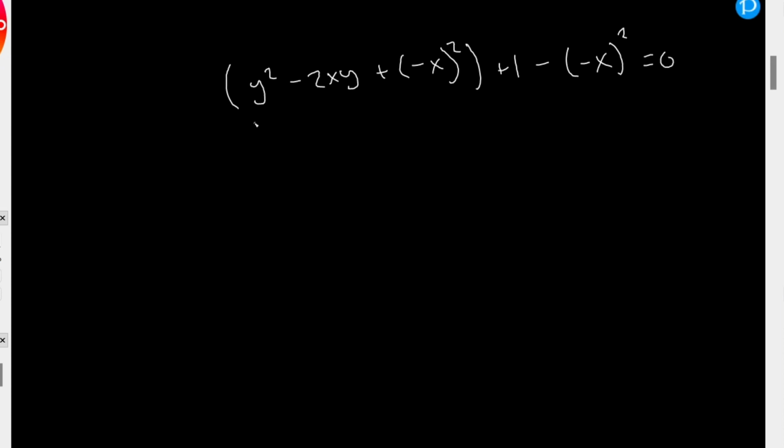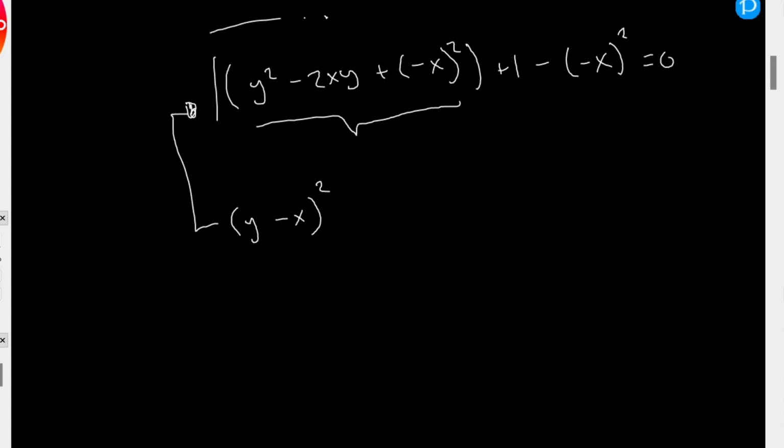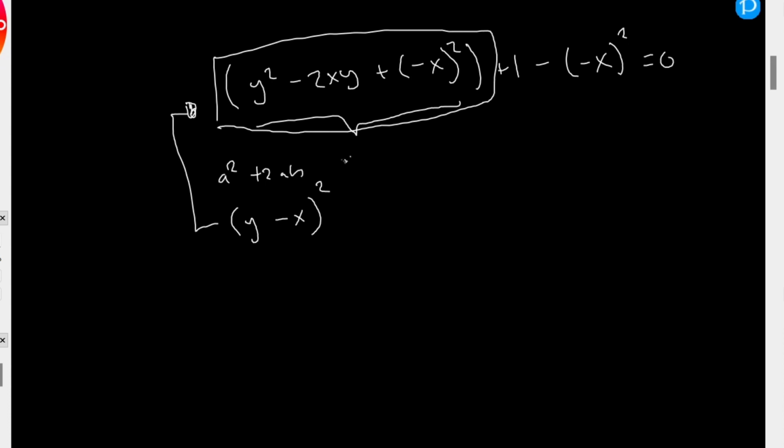We factor this out using the a squared plus 2ab plus b squared identity.